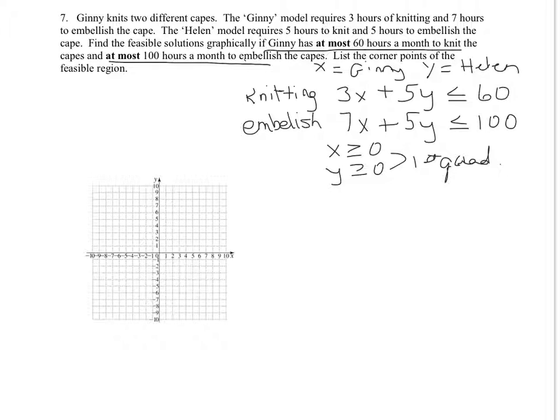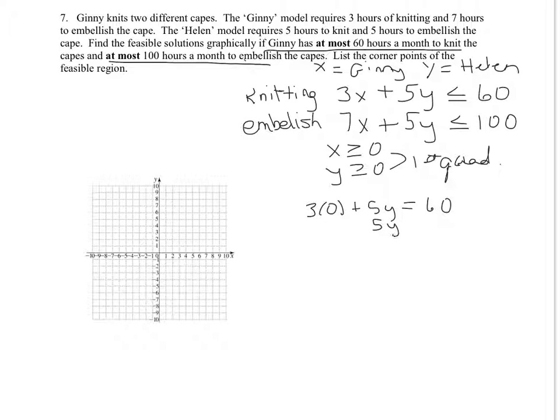Okay, since the first inequality is 3x plus 5y is less than or equal to 60, I can either put this in slope-intercept form, or I can put it in intercept form to be able to graph it. And I notice 3 goes into 60 and 5 goes into 60. So let's use intercepts. 3 times 0 plus 5y equals 60.